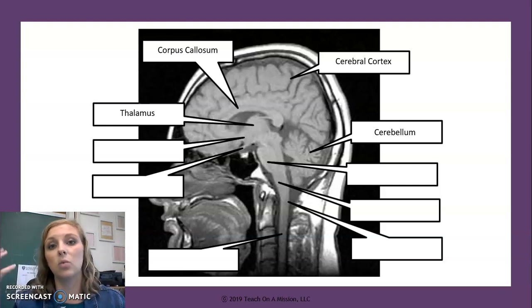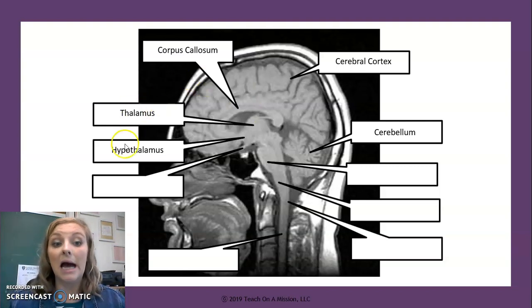The thalamus is then the one that says, hey, guess what? This is an image. I need to send this to the part of the brain that is going to process seeing, our sight. Okay, so it sends it then to the occipital lobe. So the thalamus is the first stop for any sensory information that comes in.